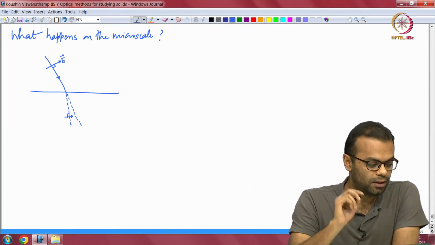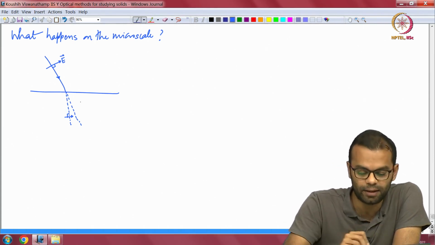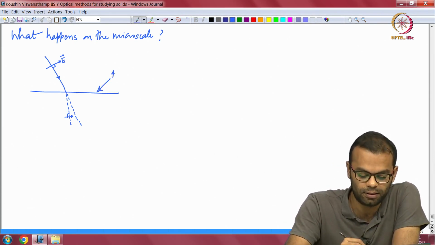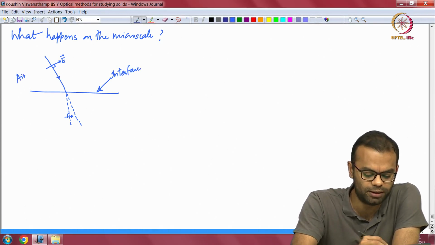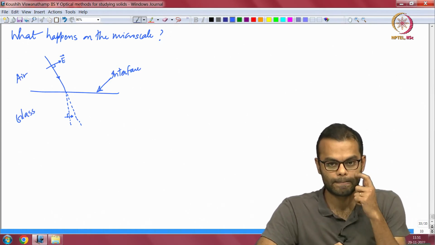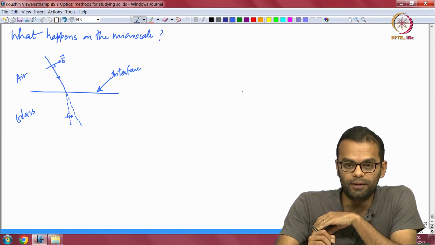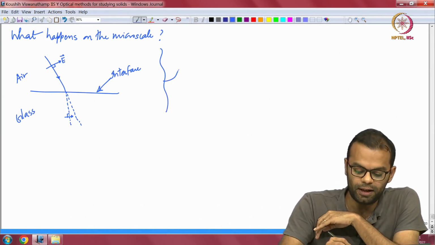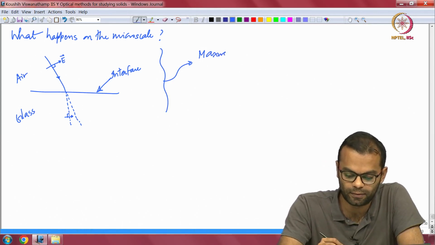Now what is actually happening when the light comes and interacts? So this is the interface, of course, and for simplicity again we will just take air or vacuum analogous and let us say glass. The full description of this wave is obtained from a set of partial differential equations called Maxwell's equations.